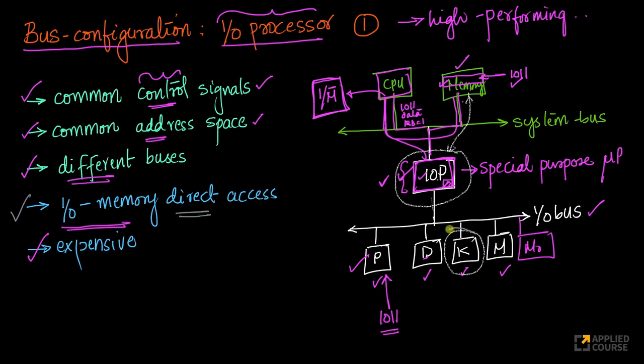So directly I can store data from my IO devices to the main memory, which is super helpful. Because the alternative is to take it from the keyboard, send it to the CPU, and the CPU then sends it to memory. Instead of having these two paths, directly I can store it into the memory.